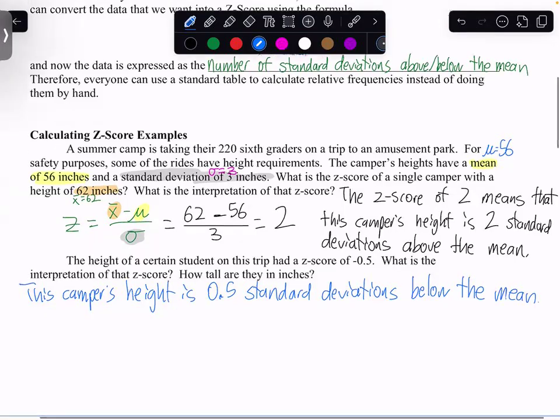Okay, and then we're asked to find that person's actual height. It's going to be the same formula as above, but we're going to be told different things. So let's copy down the formula.